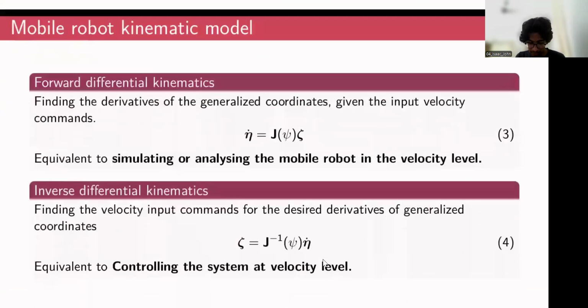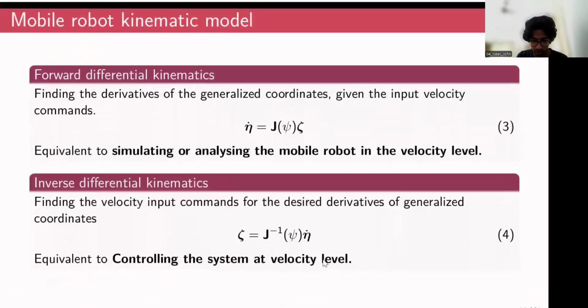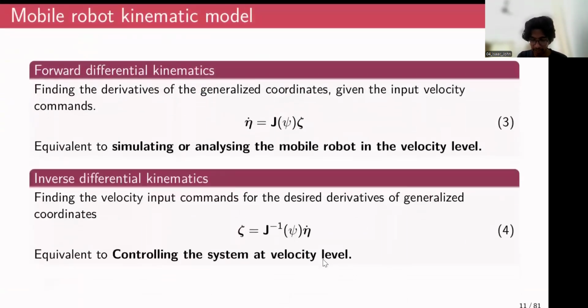And then in mobile robot kinematics, we cover two fundamental problems. The first is called forward differential kinematics, which is just what we have talked about. If theta is given, finding out eta dot is basically the forward kinematics problem.